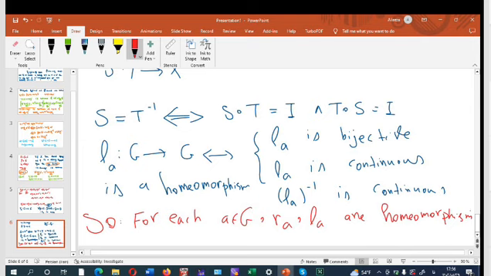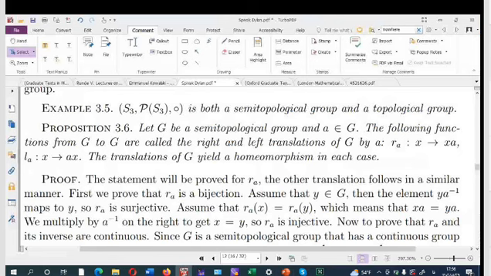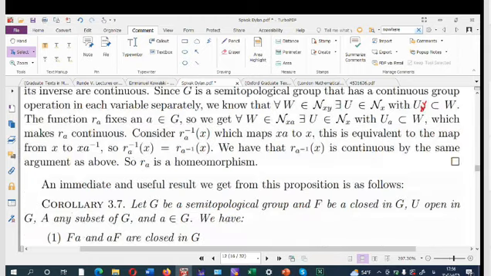These two functions are called right translation and left translation. So in this proposition we see that right and left translations are homeomorphisms, and that is the proof of this proposition.